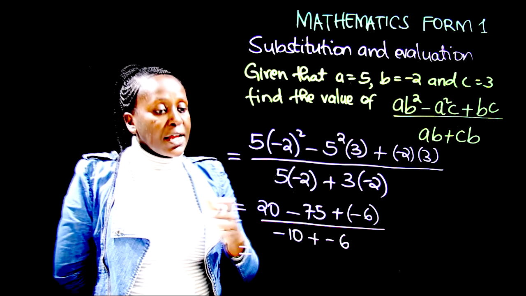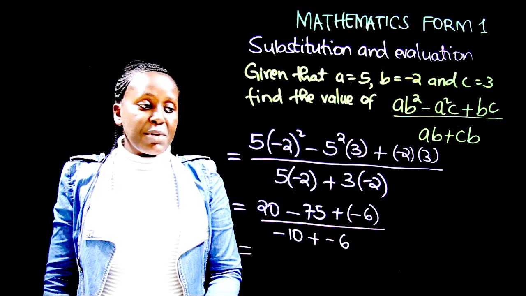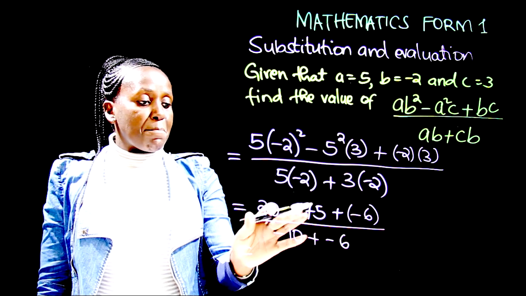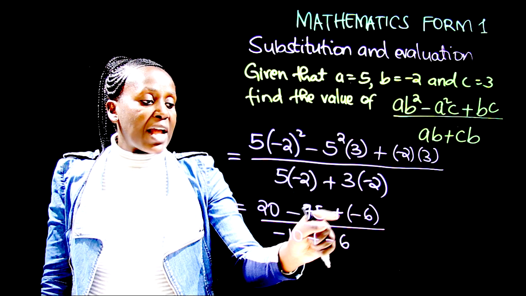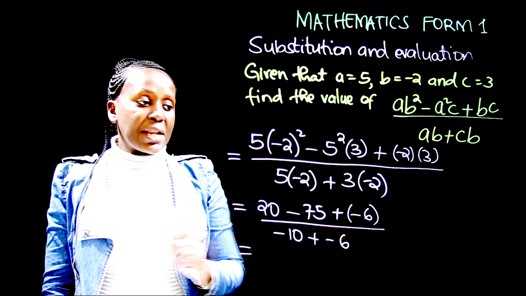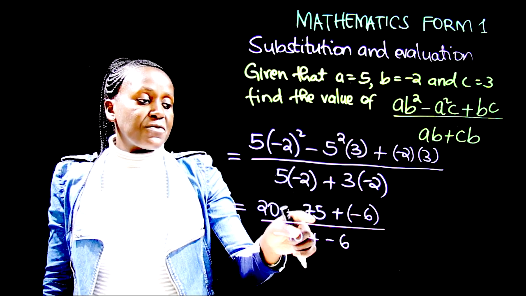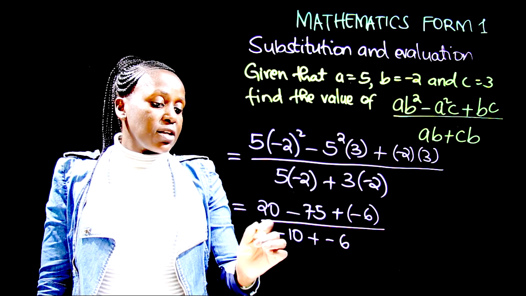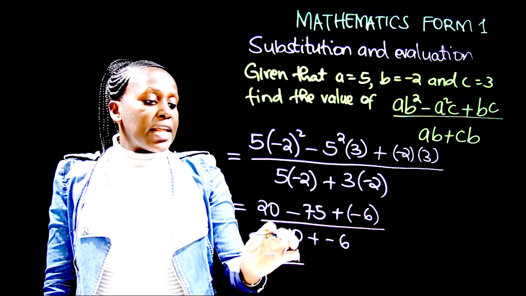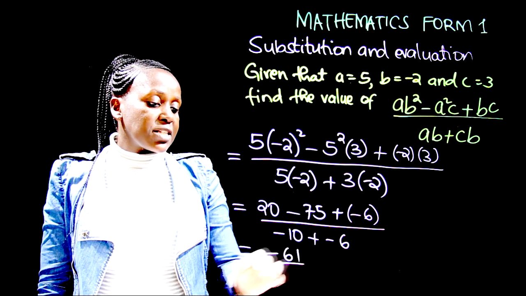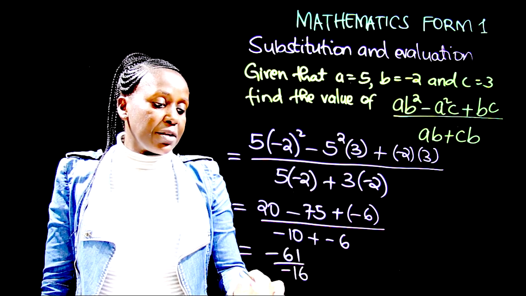Now we are going to add and subtract what is in the numerator. So 20 minus 75 is -55. When you have plus and negative, they become a negative. So -55 minus 6 is -61, over -10 plus -6 is -16.